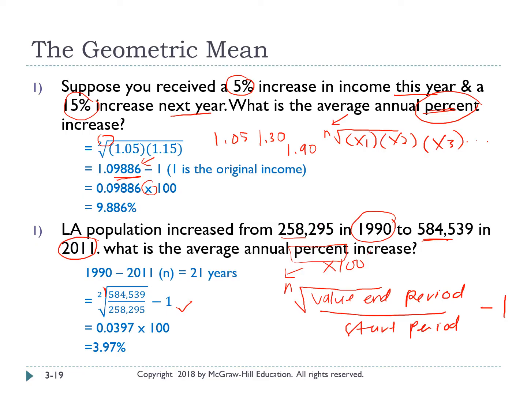And then you multiply with 100 because this question asks you about percentage. If the percentage is not mentioned here, this will be your final answer. But this question asks about percentage, so you multiply with 100, and you get the value of 3.97%.